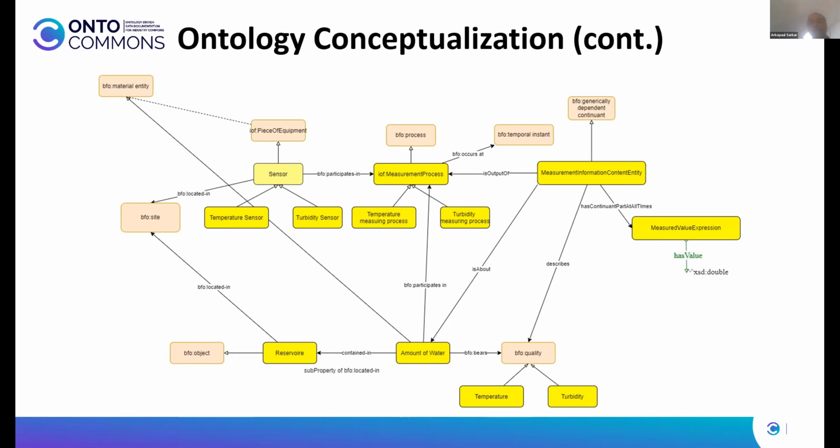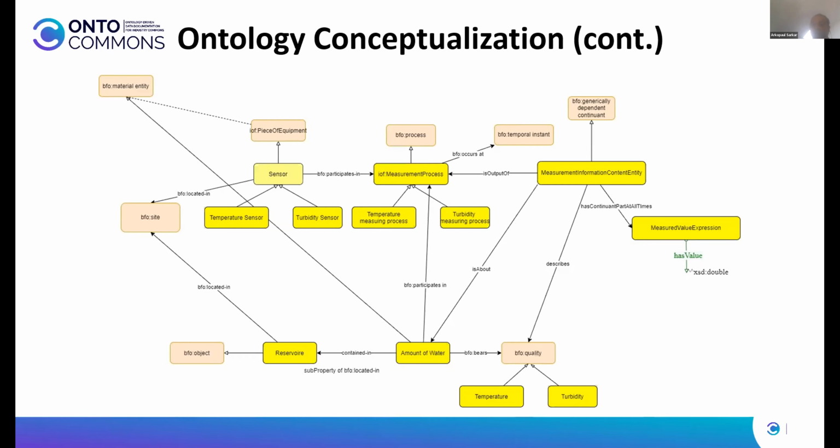But here, you can see that it is extremely semantically enriched. What we say is that sensor is an IOF piece of equipment. So you define this term called sensor under IOF piece of equipment, which always participates in a measurement process. Once you have the process, then you can assign the temporal instance, which is the timestamp where this measurement is happening.